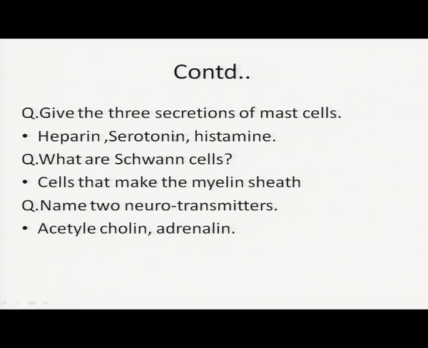Then other molecules, that is serotonin and histamine. Now, what are Schwann cells? Yes, your answer. These are the cells present in the neuron and which make the myelin sheath.